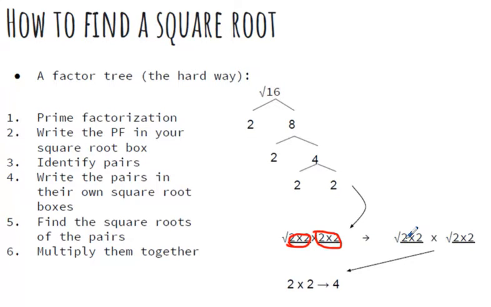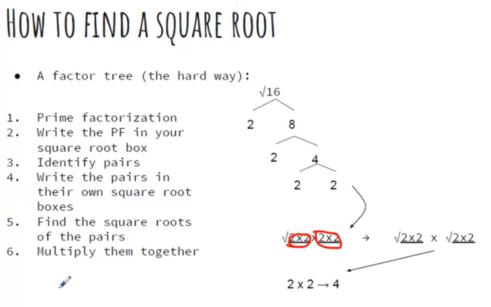Since the square root is whatever number times itself gives you that number, the square root of 2 times 2, believe it or not, is just going to be 2. Same thing over here. So what we come up with is 2 times 2, and we multiply together to get 4. So we go through all this long process to find that the square root of 16 is 4.